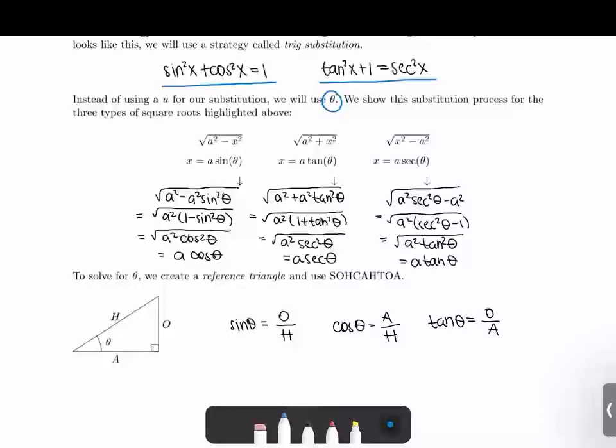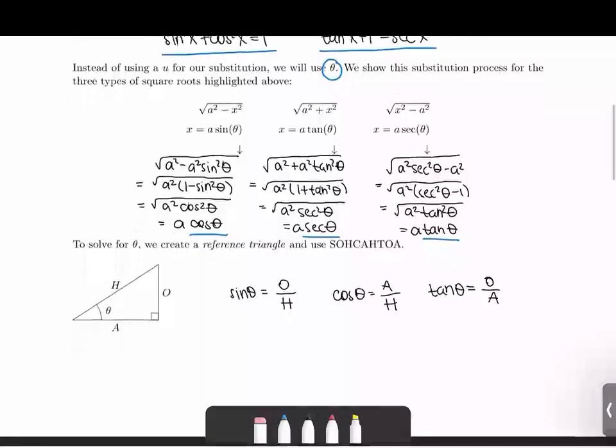However, we're going to need to modify this slightly because what we actually need is to figure out cosine, secant, and tangent. So cosine and tangent are part of SOHCAHTOA, but we need to modify this to figure out what secant is. Secant is actually equal to 1 over cosine of theta. So that means that instead of adjacent over hypotenuse, it is hypotenuse over adjacent. So we are able to solve for cosine, secant, and tangent using SOHCAHTOA.